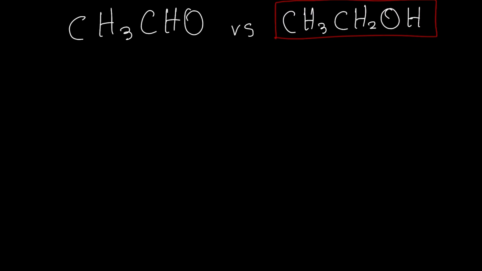Now let's be clear about the names here because they're very similar. The one on the left is called ethanal, and the one on the right is called ethanol. The left side is an aldehyde, and this is an alcohol.